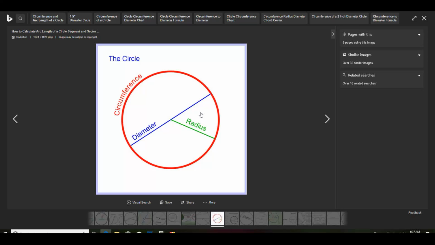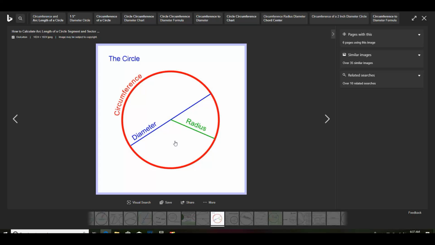So the diameter will always equal 2 times the radius, and the radius will always equal half the diameter. If you look there on page 339, the diameter equals 2 times the radius, or there's a formula, D equals 2 times R. The radius equals half the diameter.